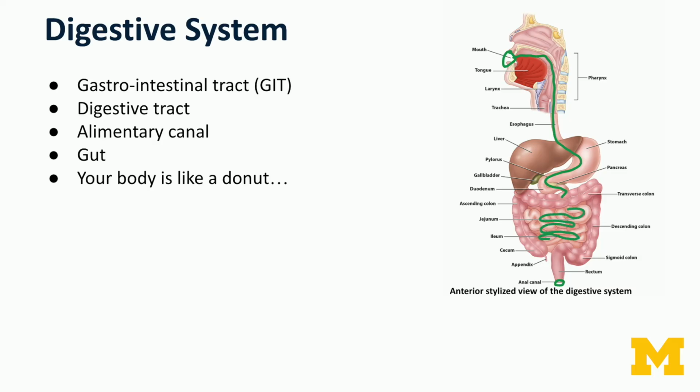We can follow those tubes all the way through, and everything that I've just outlined there is empty space and is therefore outside of the body. So anything in contact with that lumen, or that donut hole, is going to be superficial. And as we absorb materials through the wall, they're entering into our body.